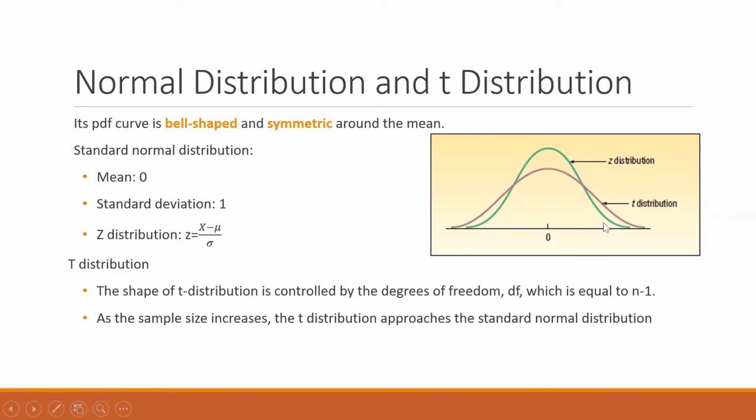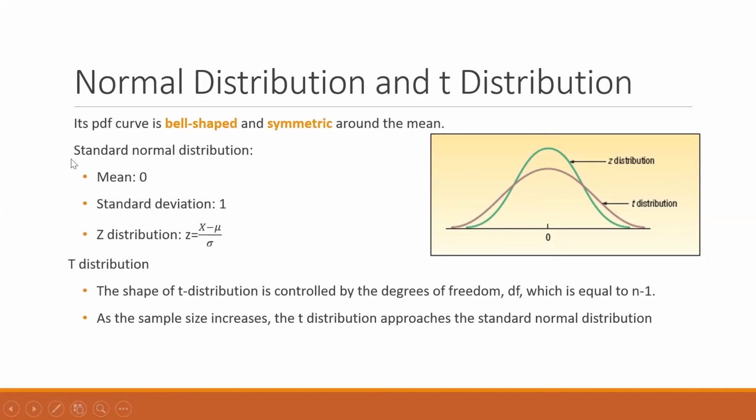Some values are very high and some values are very low. That's what we call the normal distribution. Although the notation here you see is a Z distribution. The Z distribution is actually a very special distribution within the family of normal distributions. It's called the standard normal distribution.